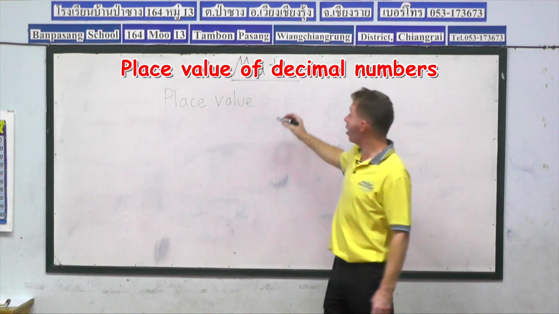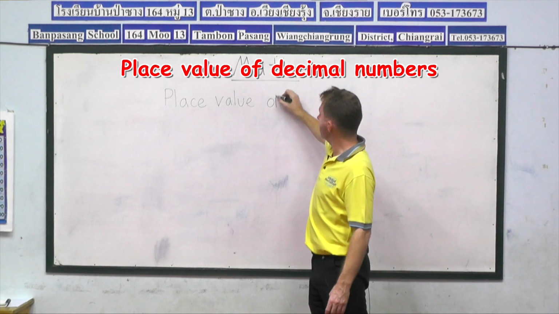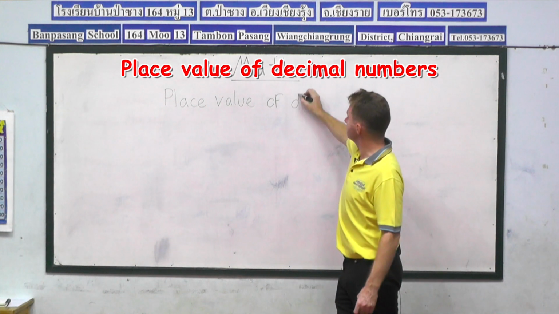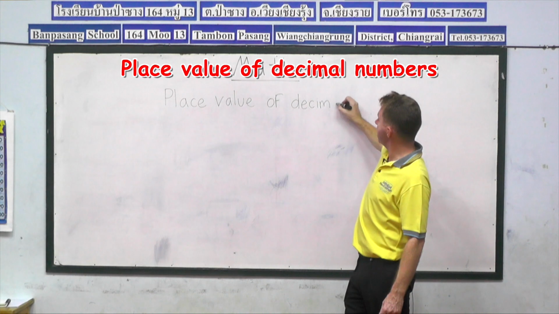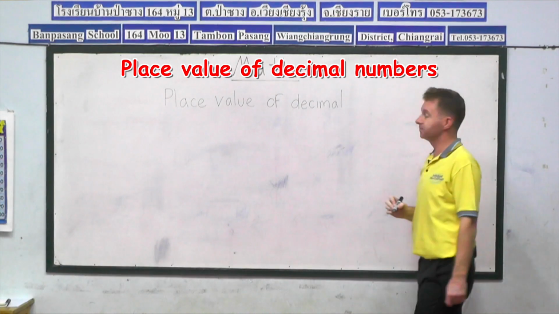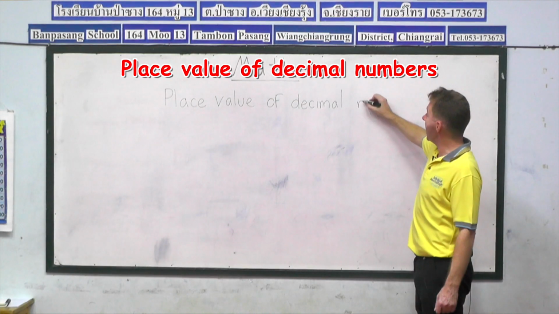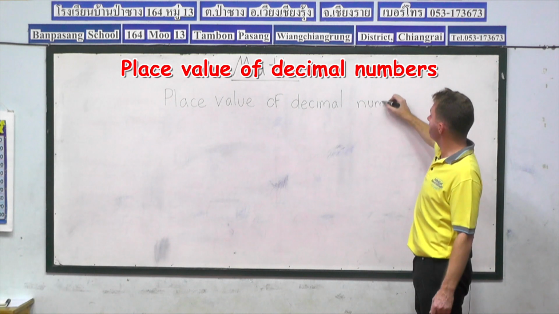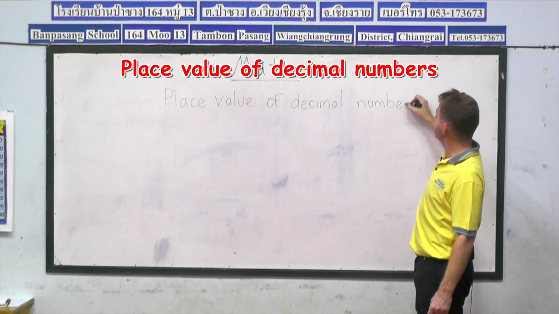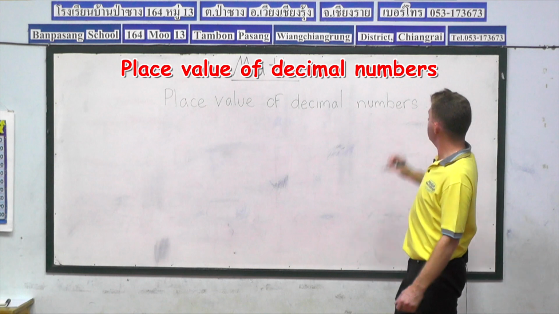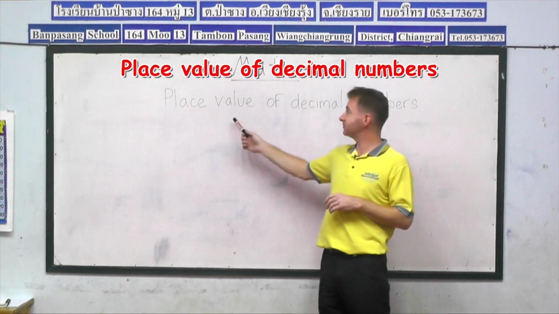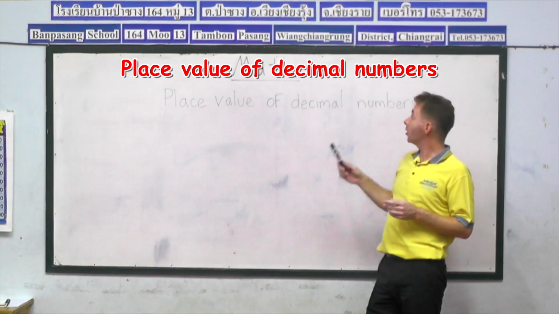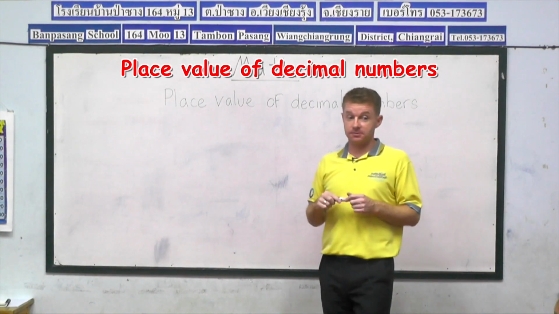So we say of, O-F, decimal, D-E-C-I-M-A-L. And numbers, N-U-M-B-E-R-S. So altogether we can say place value of decimal numbers.